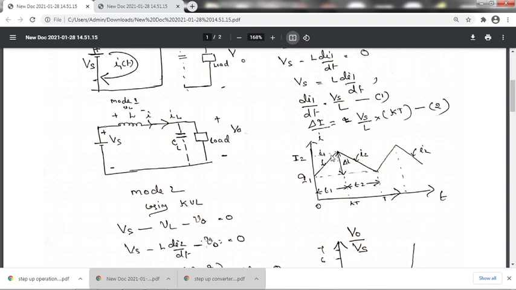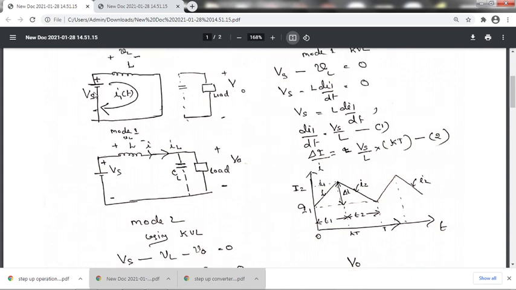During this interval the current is increasing from I1 to I2, which means its initial value is I1 and it is changing to I2. So when mode 1 begins like this, current is flowing in this way and changing from here to here. This is in T1, meaning from 0 to kT.